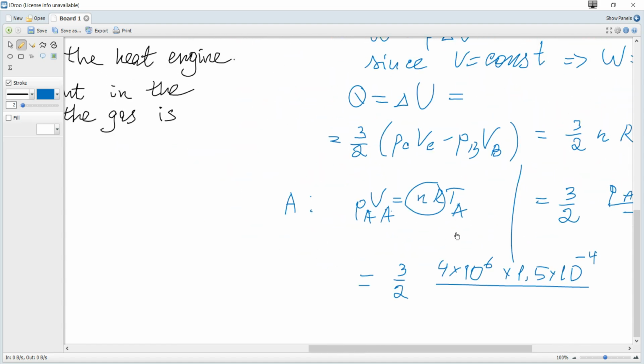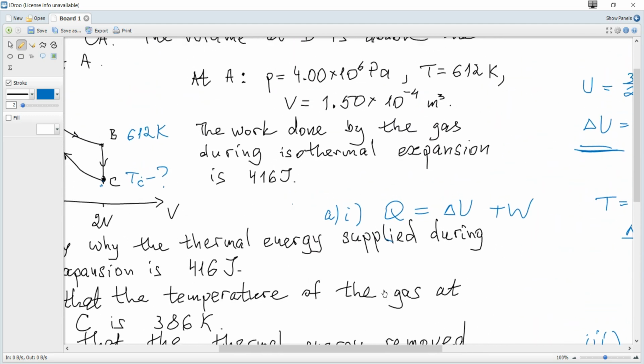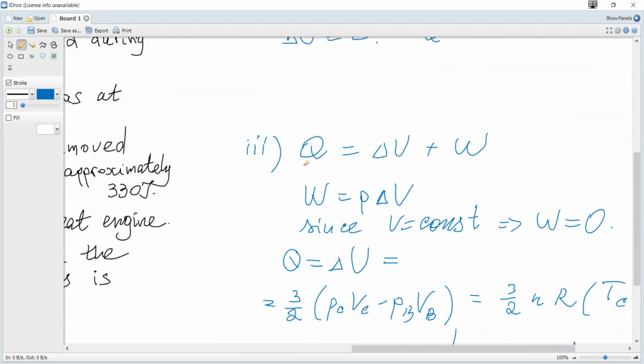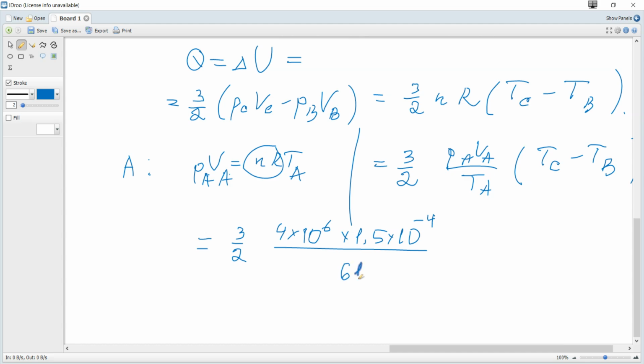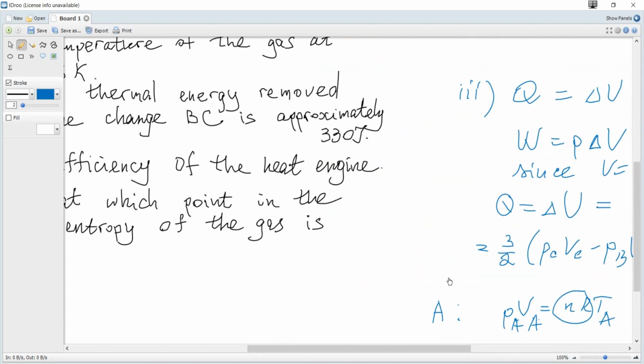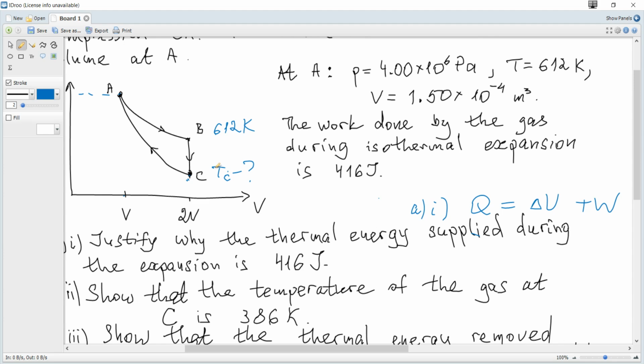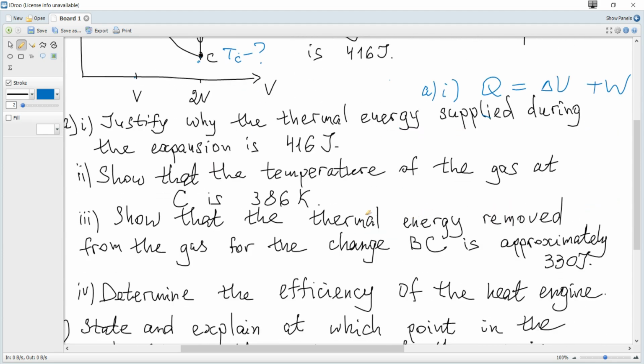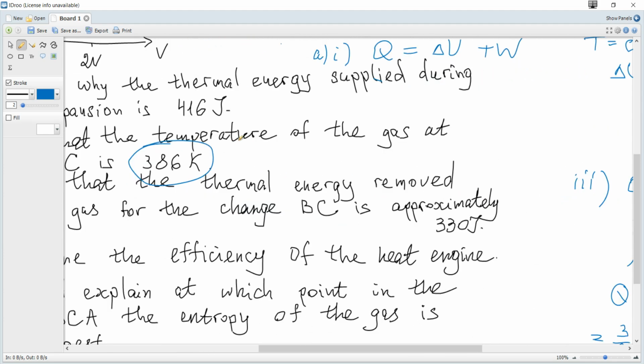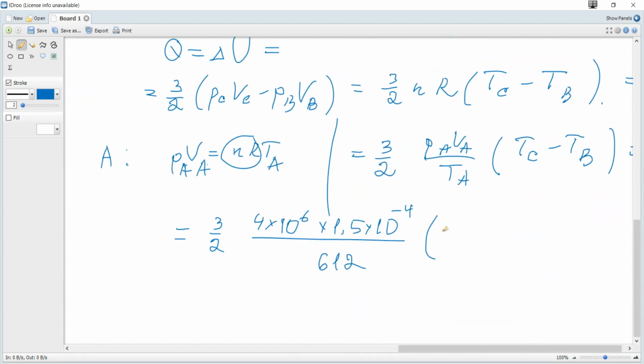Temperature at A is 612, and TC is found to be 386, minus TB.